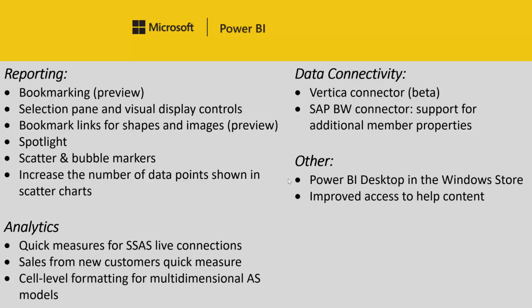And we also have added a spotlighting feature that is another way to call out one specific visual in your report, either in a bookmark or if you're just presenting a report in a meeting. So I'm going to show you each of these different features and how they can all work together to create some really interesting reports and help you show your insights to others as well.